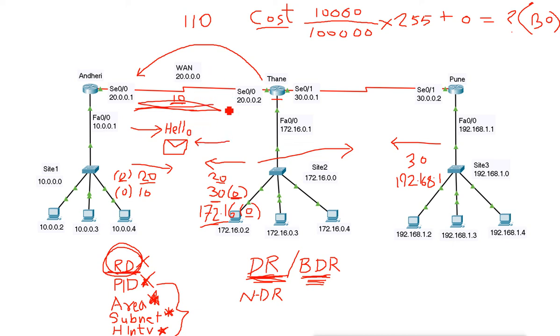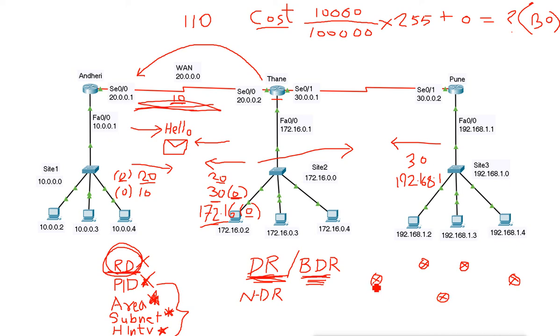So actually OSPF checks the cost. It does not check the hops. Remember, it does not depend on the hops. It depends on the cost. For example, if you have a network like this, you have 2 routers here, and from this side you may have a single router.